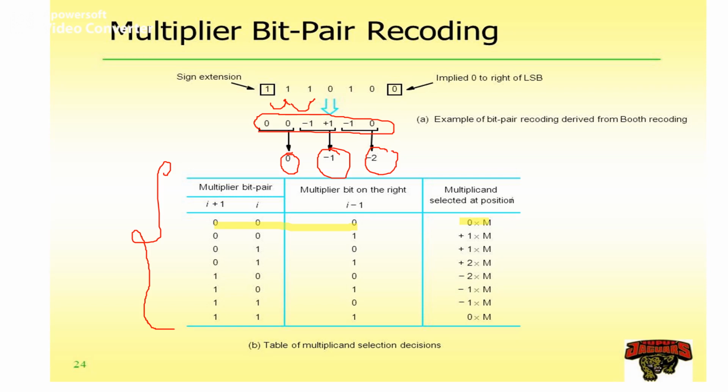Similarly, 0, 0, 1, that means plus 1 into m. 0, 1, 0, that means plus 1 into m. 0, 1, 1, that means plus 2 into m, and so on. The last one is 1, 1, 1, that means 0 into m.